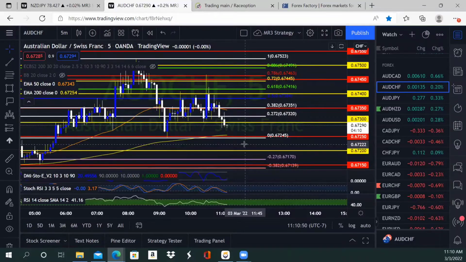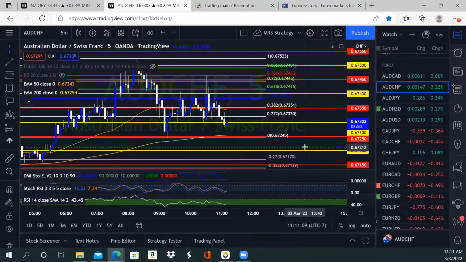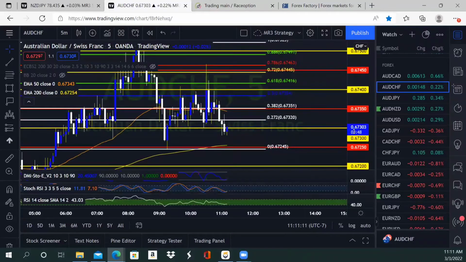I like it. I have the 200 EMA right here. I believe it can respect it one more time before finally breaking through and then bouncing up. I'm getting to an oversold state on my indicators here. Plus, I also see that an important time's coming.